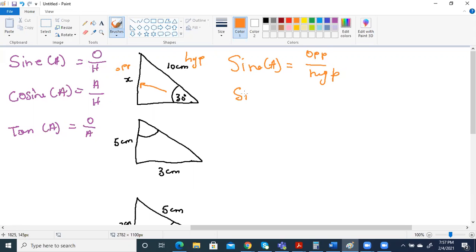So we're having sine, and we can put the angle size in. The angle is 30 degrees, so you can put sine 30 equals opposite, that's what we don't have, which is x, over hypotenuse, which is 10 centimeters.